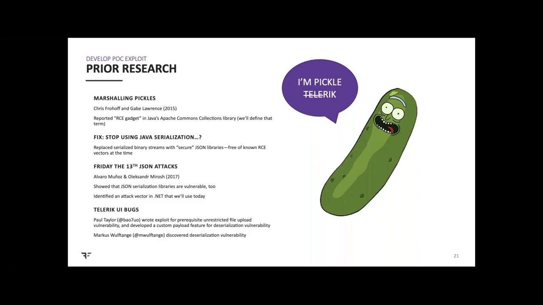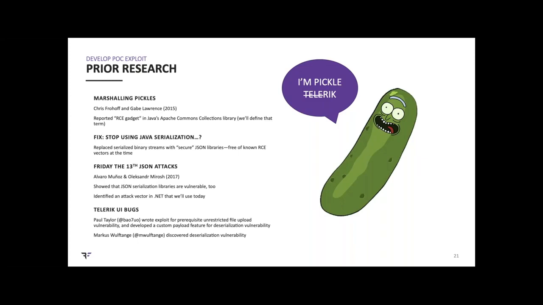And then finally, as this relates to Telerik UI specifically, there were a couple people who did some work that was pretty instrumental in setting me up for success as I investigated this deserialization bug. First, Paul Taylor wrote an exploit for the prerequisite unrestricted file upload vulnerability, and also developed a custom payload feature for the deserialization vuln that Marcus Wolftange reported about a year ago.